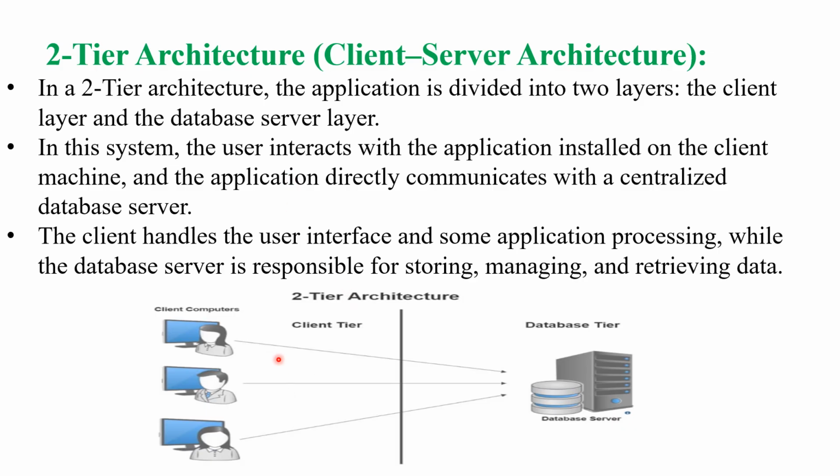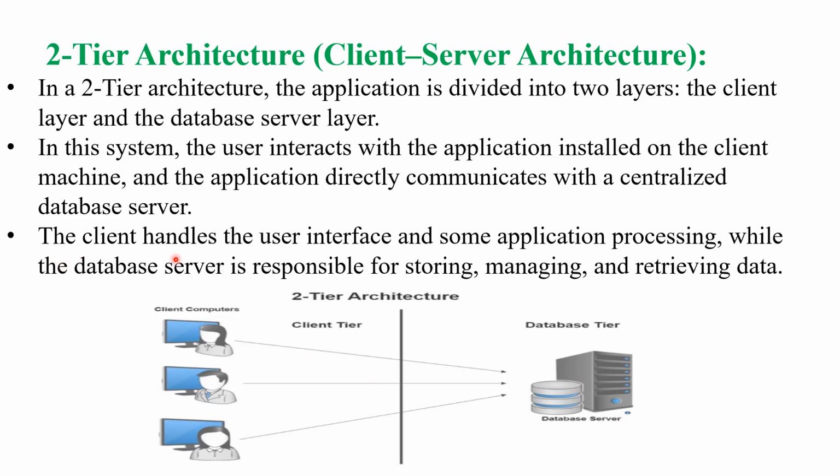Here, the client will interact with the database tier with the help of an application installed on the client machine, and the application directly communicates with the centralized database server. If you observe here, there is no network layer or intermediate connection between the client tier and the database tier. The client tier will be directly connected to the database tier.